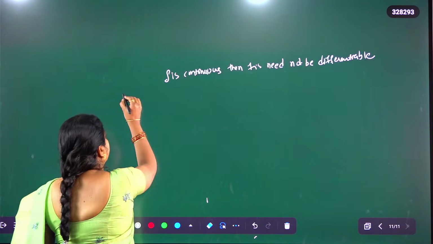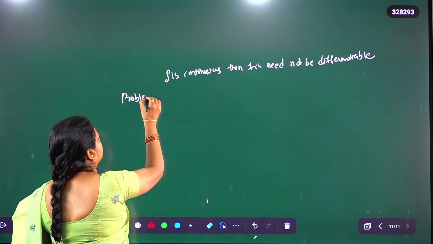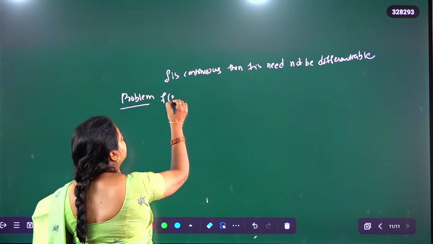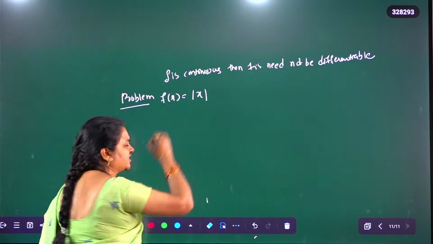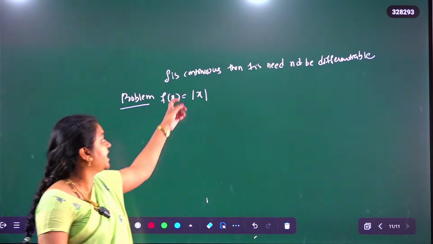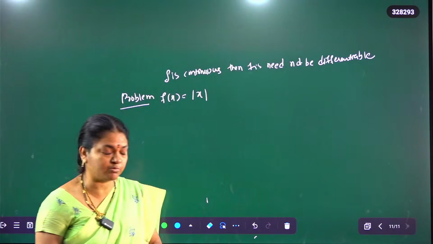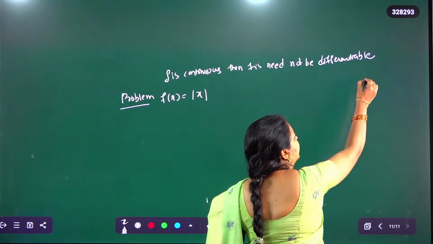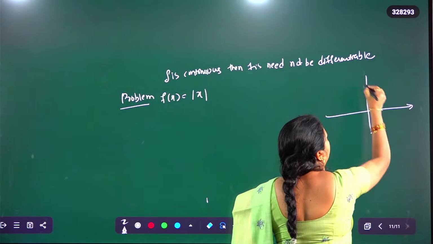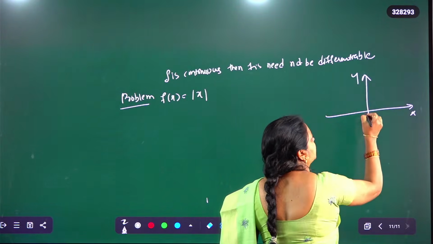So I will choose one problem to prove this. F of x is equal to mod x. This function I want to take, right? To explain this line: if f of x is continuous, but f of x is not differentiable. F of x is mod x. What is the graph? Let's see. This is x coordinate, this is y coordinate, and this is 0.